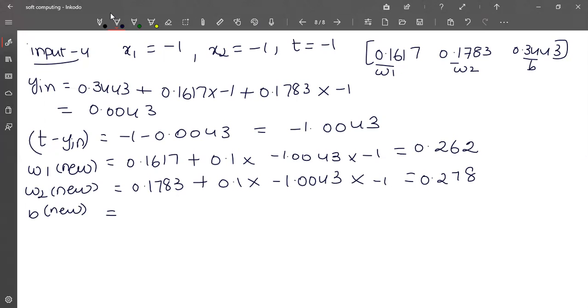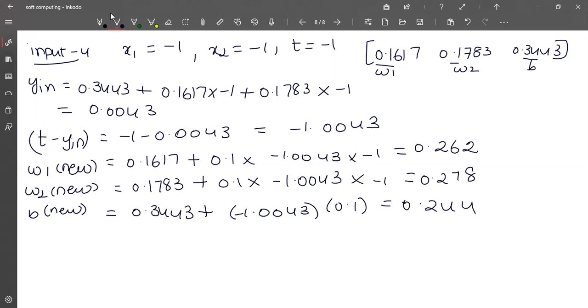And our new bias value is old bias value 0.3443 and T minus Y, minus 1.0043, into alpha 0.1. So 0.3443 minus 0.10043, that is 0.244.